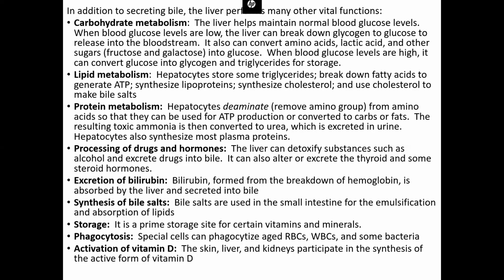We have macrophages, specialized cells in our liver that can break down, eat, and digest red blood cells, white blood cells, bacteria, and then the activation of vitamin D, along with the skin and kidneys, converting and synthesizing it into the active form.